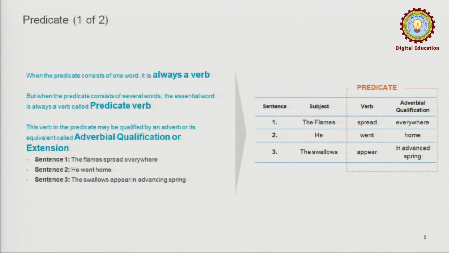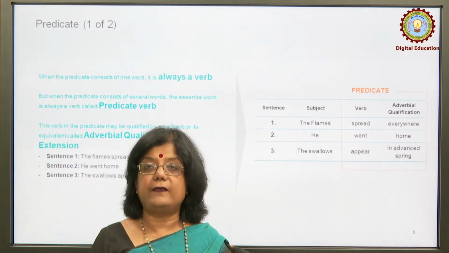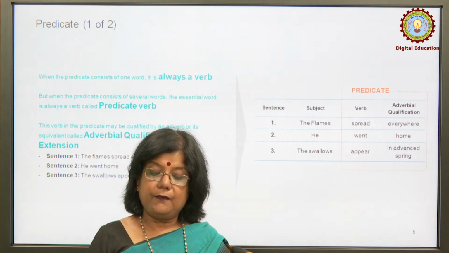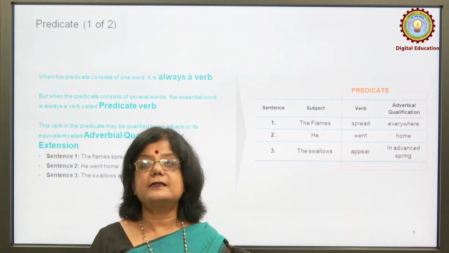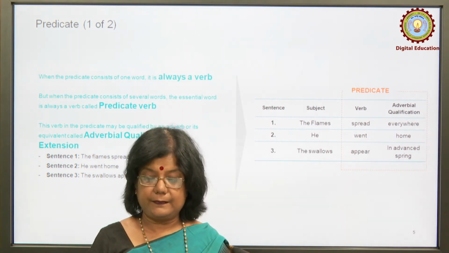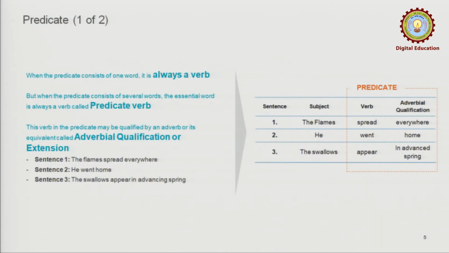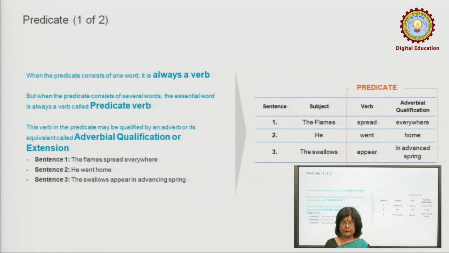When the predicate consists of one word, it is always a verb. We should remember that. If in any sentence the predicate has got only one word, definitely it will be a verb. But when the predicate consists of several words, the essential word is always a verb called predicate verb.